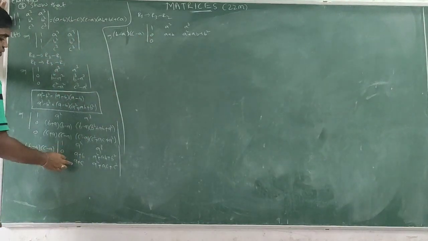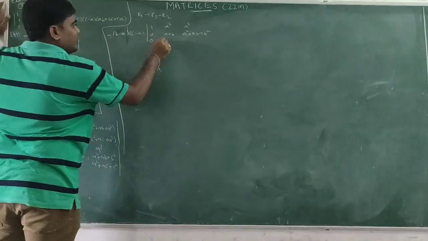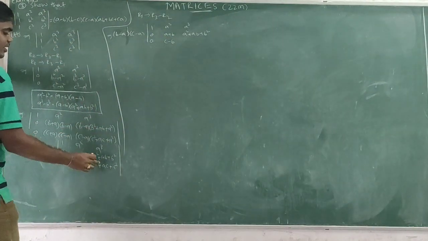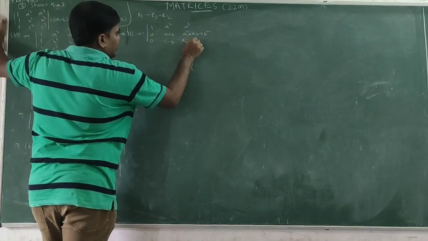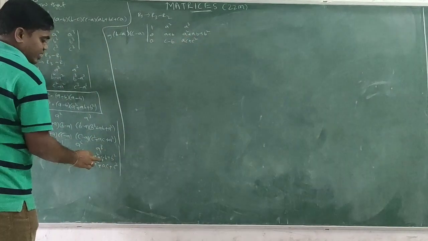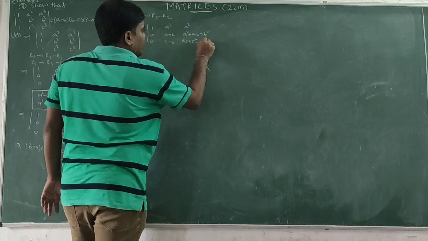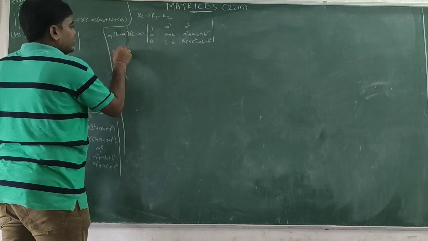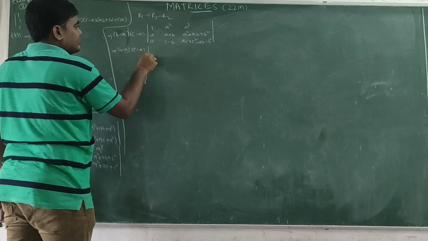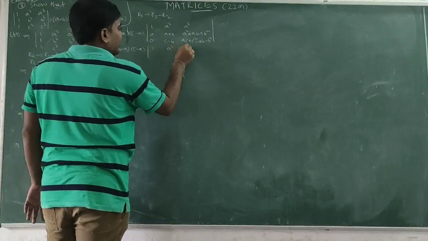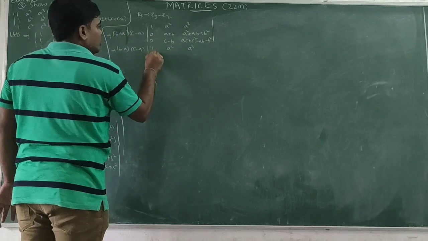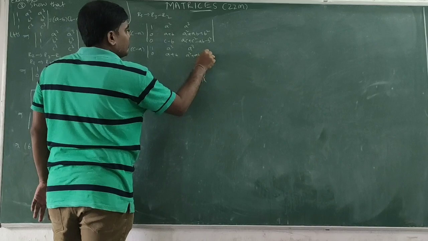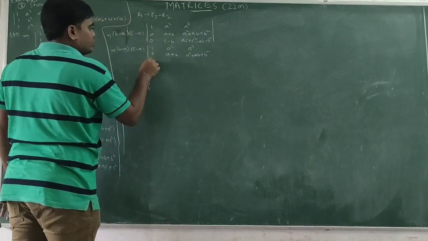If we subtract this one, a gets cancelled, giving c minus b. In this one, a square cancels: ac plus c square minus ab minus b square.